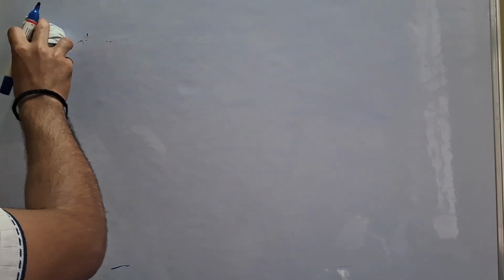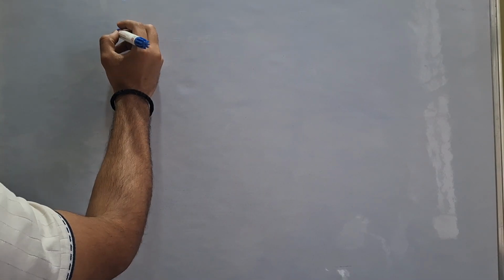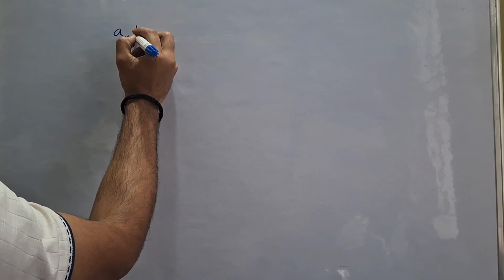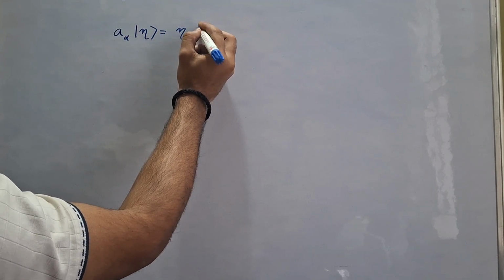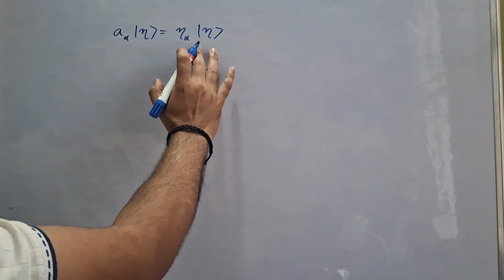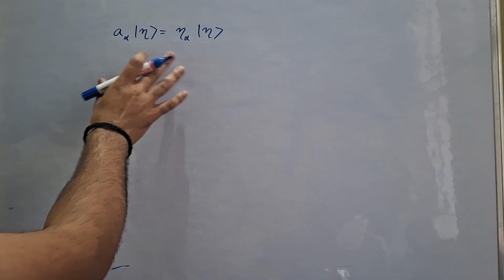So suppose we write the eigenvalue equation for the annihilation operator, say A alpha of eta, this will be eta alpha of eta. So this eta is a fermionic state, and this is the eigenvalue equation for the annihilation operator.